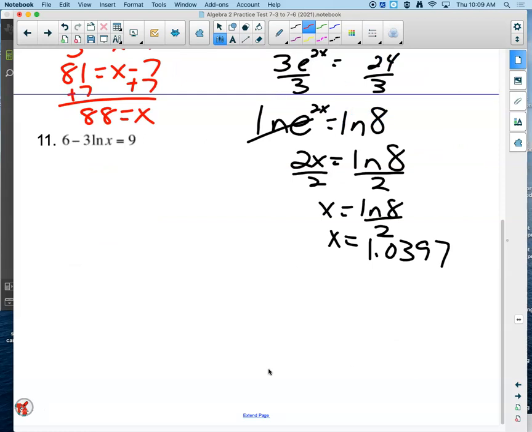Number 11. What you thinking? Yeah. Subtract the 6. Divide by negative 3.